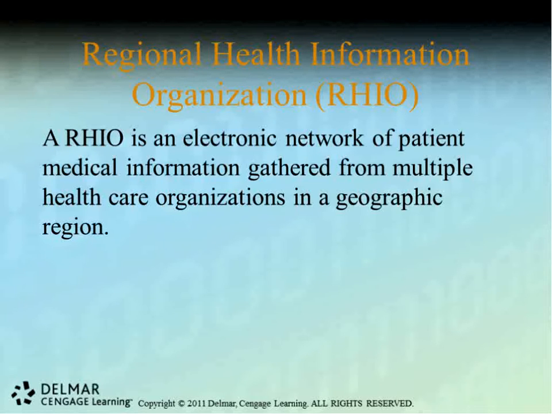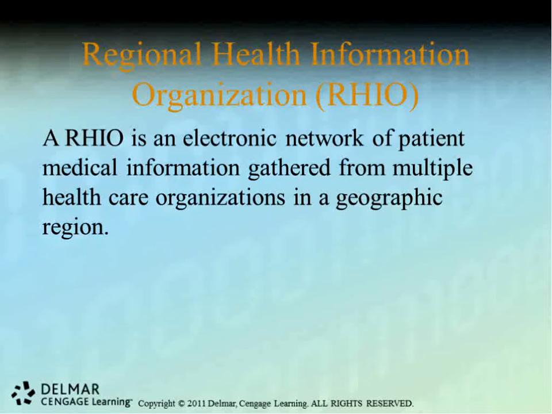Another thing of interest here is what we call a regional health information organization. Basically, this is an electronic network of patient medical information gathered from multiple healthcare organizations in a geographic region. They also have national health information networks, which are on a national level. With your RHIOs, you have different facilities, no matter if they're competitors or not, that all agree to join one another and share patient information.